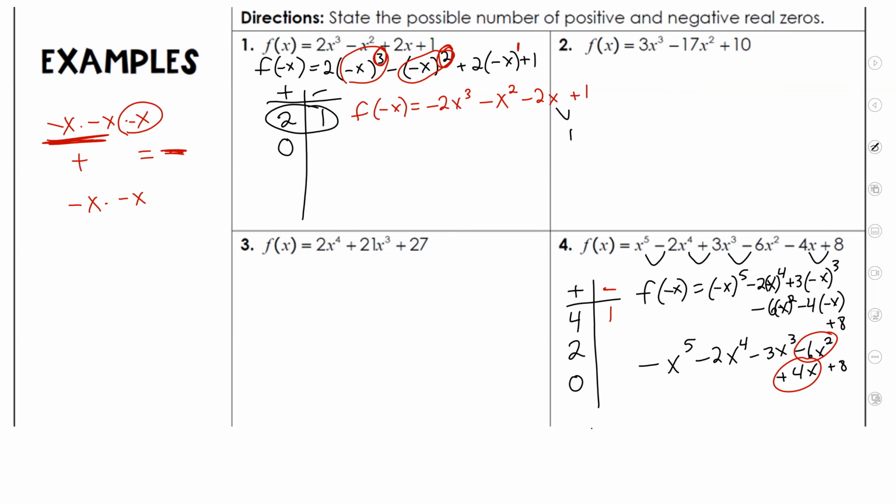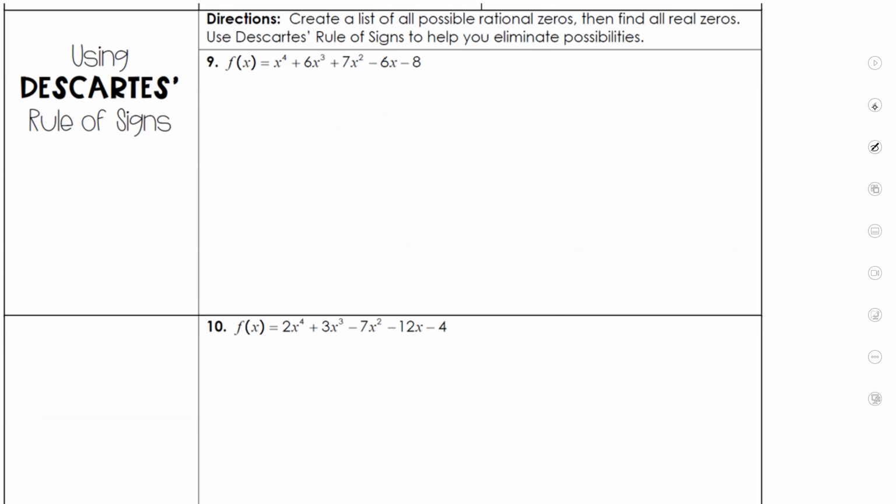You can have 4, 2, or 0 positive solutions or zeros. Or you can have 1 negative zero. Those are your possibilities here, okay? So let's look how this is gonna benefit you. We're gonna combine these rules.